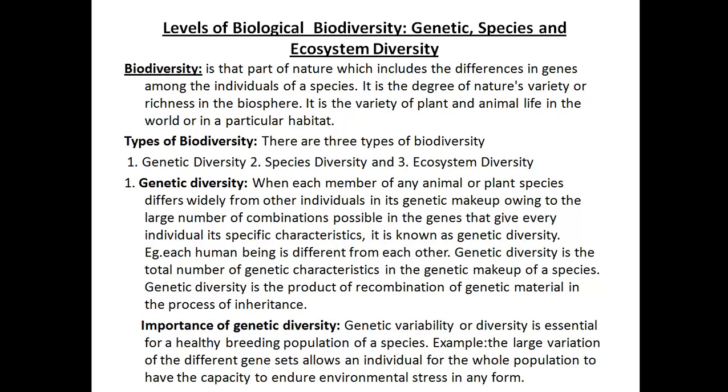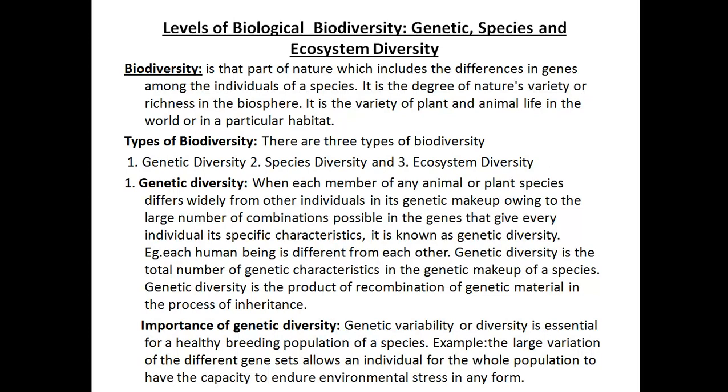When these gametes later fertilize with another gamete to form a new individual offspring, the new offspring will inherit the combination of genes from the parents. This results in genetic diversity.